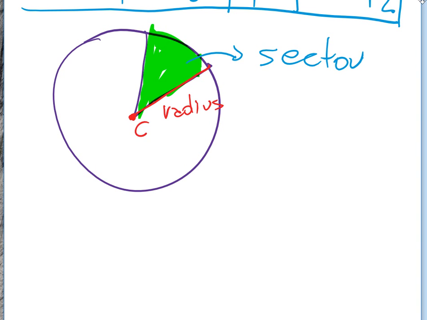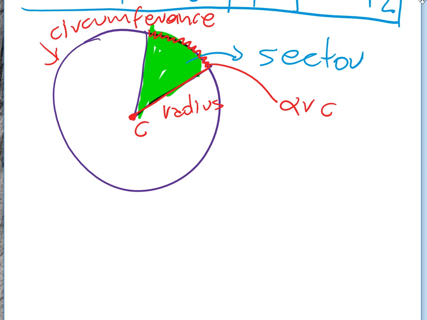And of course, this is the center of the circle. We call this circumference of the circle. And we call this part here arc, like this, arc.